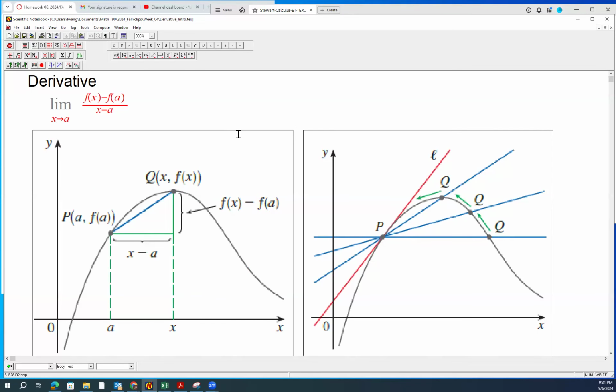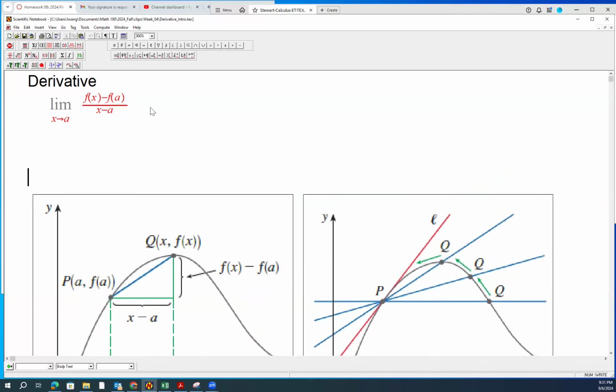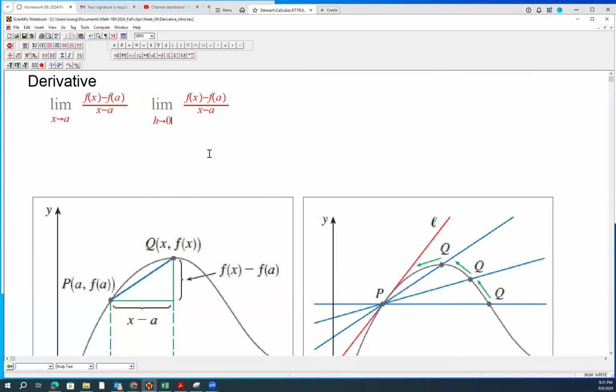Let me do a little summary here. So this is one form. There's another form, h approaching 0. So this is the h. A plus h, f of a.